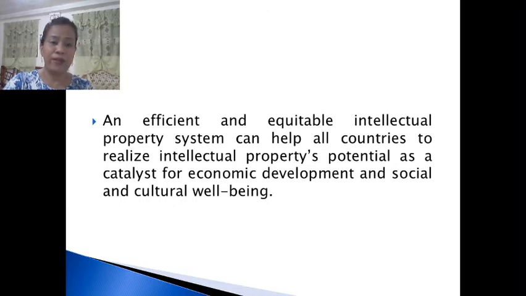Let us remember that an efficient and equitable intellectual property system can help all countries to realize intellectual property's potential as a catalyst for economic development and social and cultural well-being.